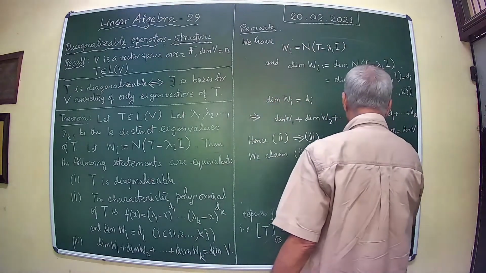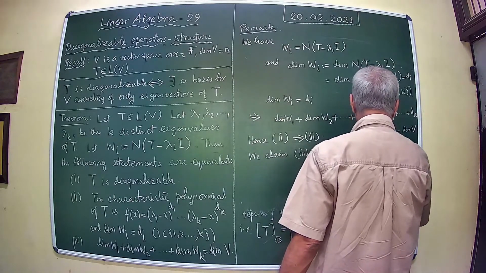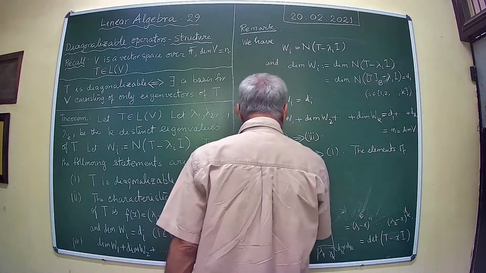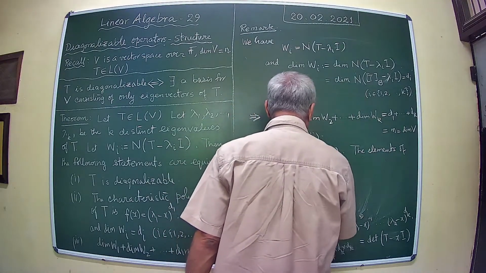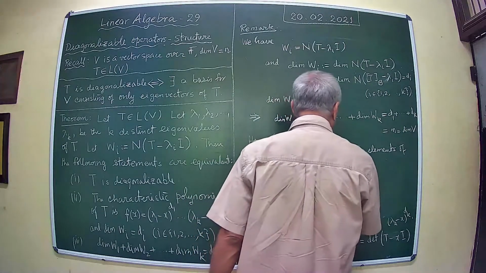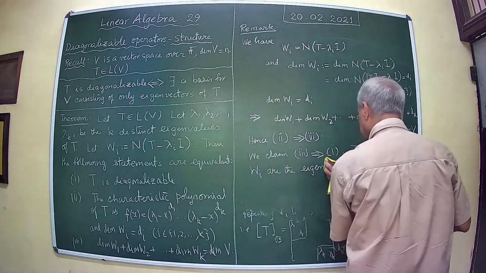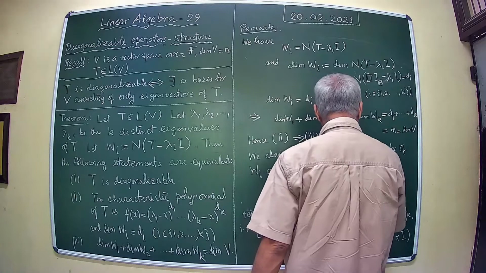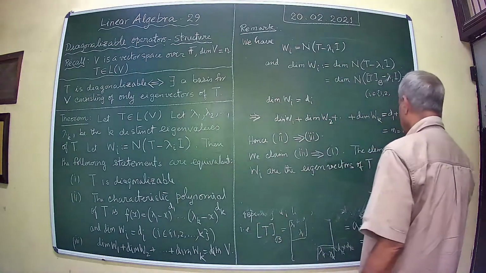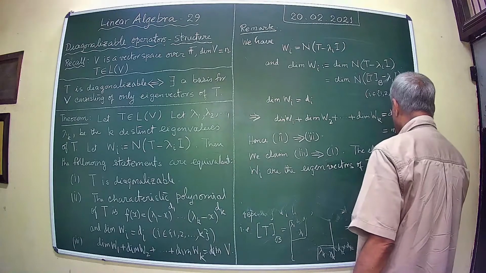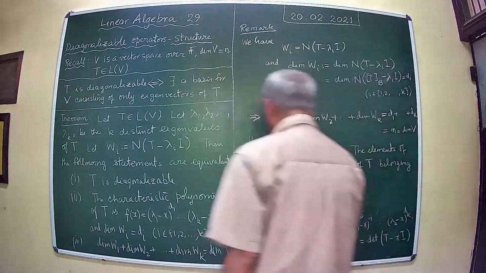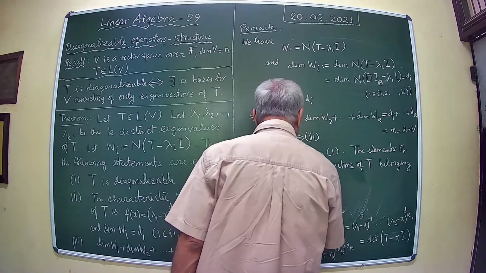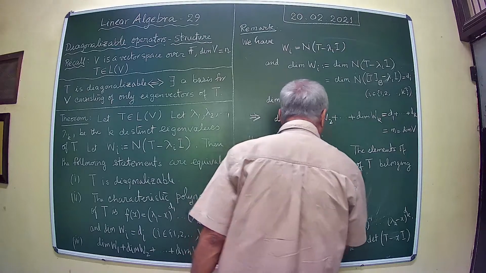The elements of Wi are the eigenfunctions of T, or eigenvectors of T, belonging to the eigenvalue lambda i.